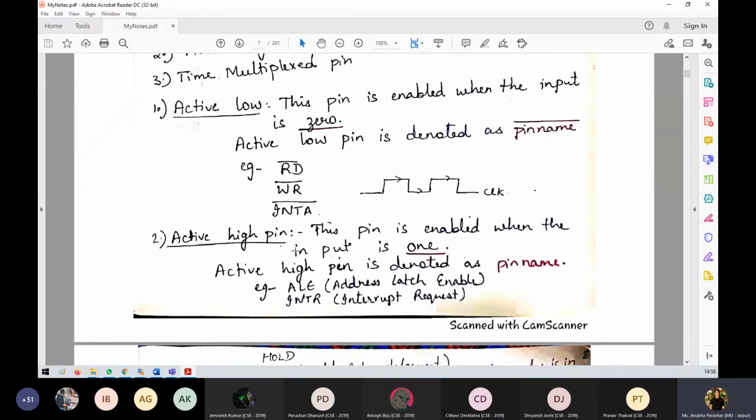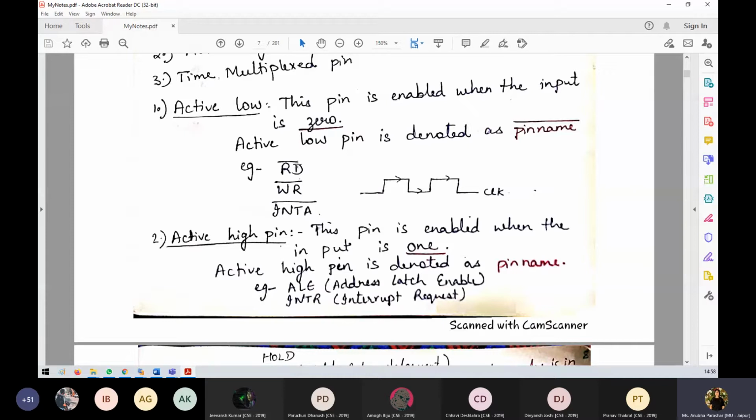If the pin is active high, like some active high pins such as ALE or INTR, the pin is only enabled when the input is given as 1. If you see a pin with a dash sign over the symbol, these are active low pins.